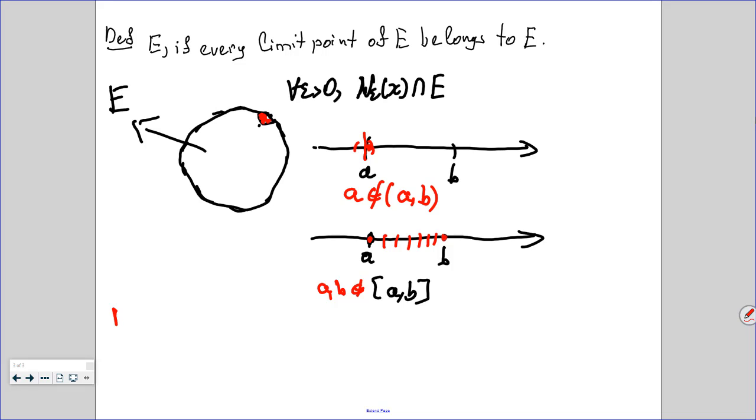Let's give one more definition. Suppose we have set E, and let A prime be all limit or accumulation points.